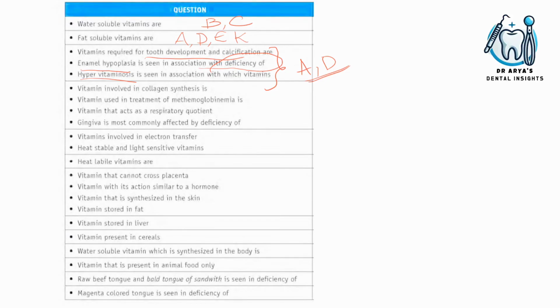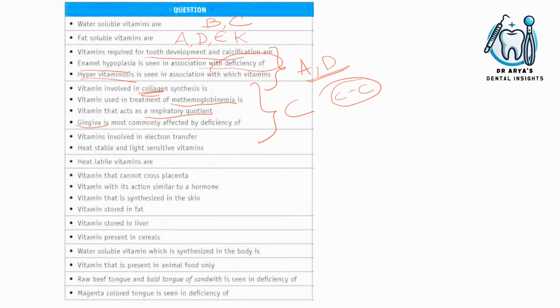Then the vitamin involved in collagen synthesis, treatment of methemoglobinemia, and acting as a respiratory quotient, and gingiva is most commonly affected by the deficiency of. So for these questions, the answer is vitamin C. So for collagen, it is C for C. Okay, vitamin C. So that is the mnemonic.